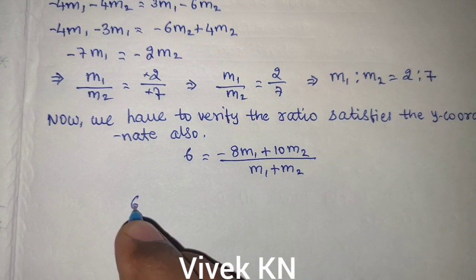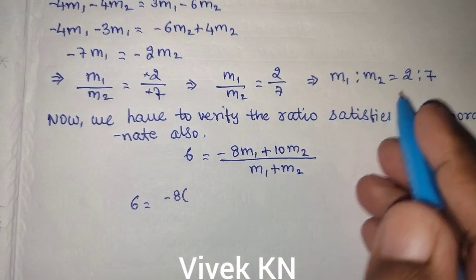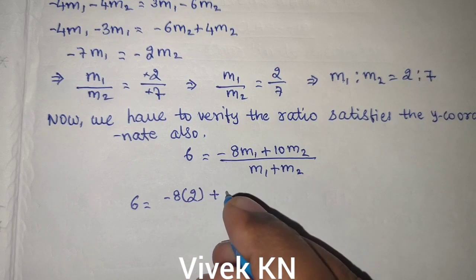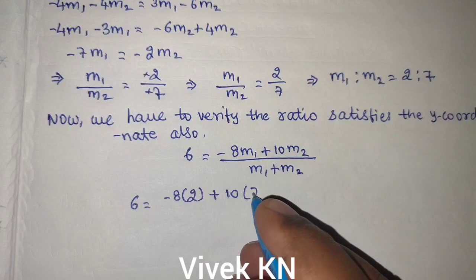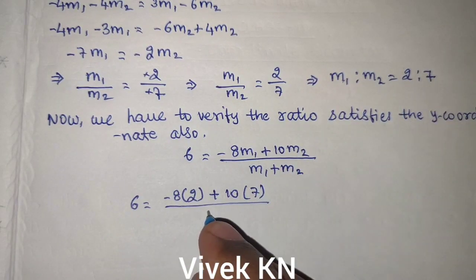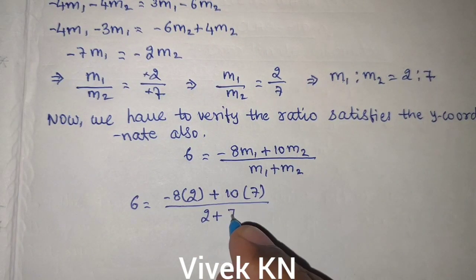Here let us substitute the values of m1 and m2 in the y coordinate. So 6 is equal to -8 into the value of m1, which is 2, plus 10 into the value of m2, which is 7, divided by m1, which is 2, plus m2, which is 7.